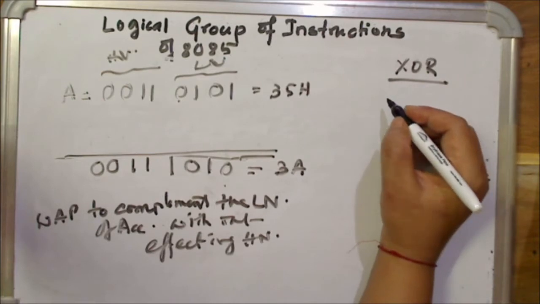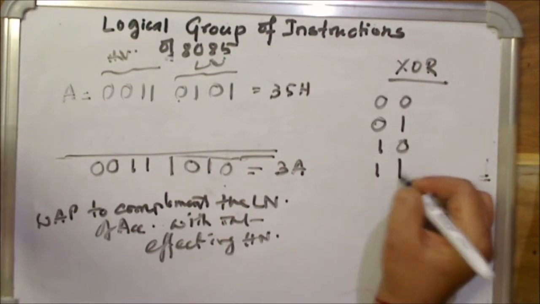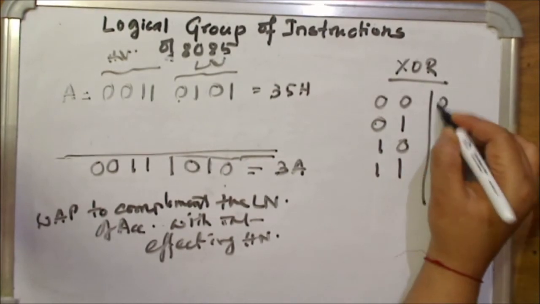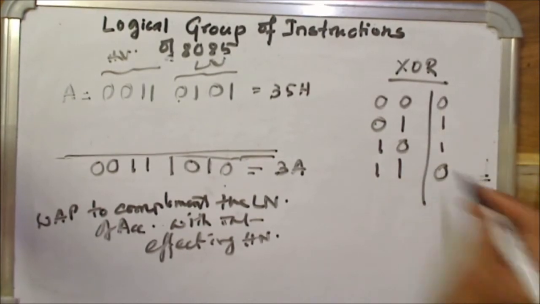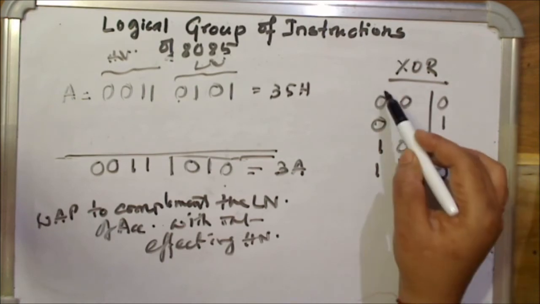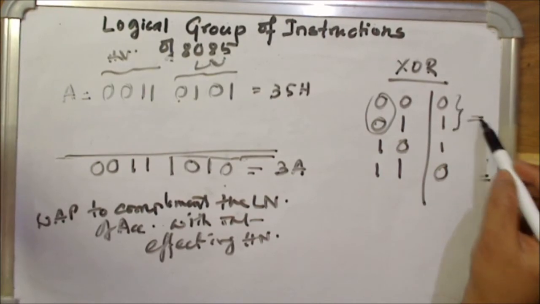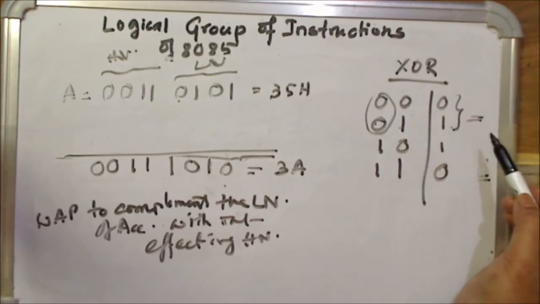Now look at the pattern of the XOR truth table: 00, 01, 10, 11, and the outputs are 0, 1, 1, 0. If you XOR any number with 0, the number remains as it is.